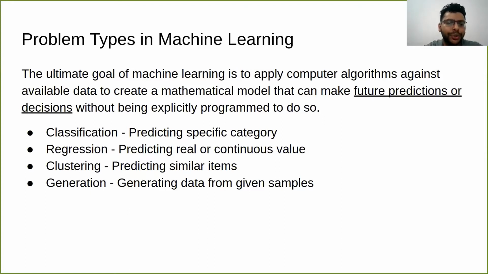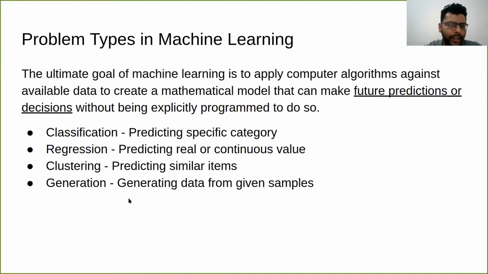Whether we are going to solve a classification problem where we want the model to predict a specific category, or we want a model to predict a specific value, or we want a model to group items together and then recommend them, or we want a model to generate new samples. Based on the problem, we can categorize this machine learning problem into one of these categories.